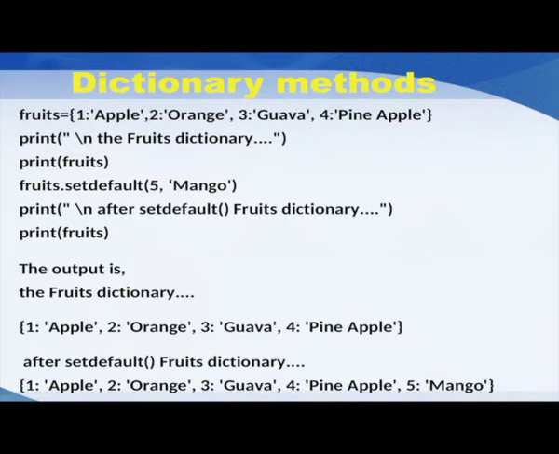Here again we have one more example for setdefault. This time we are adding the key 5 along with the optional value mango. Since we have given the value, an item 5 comma mango gets added to the dictionary, which you can see as the output.